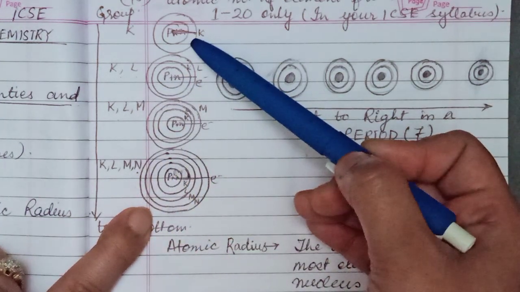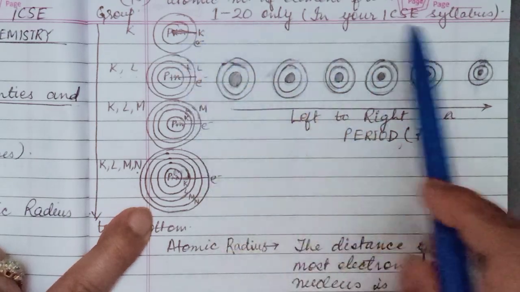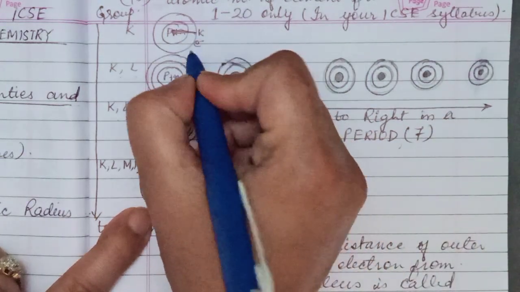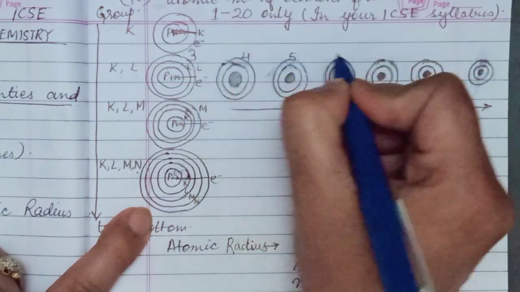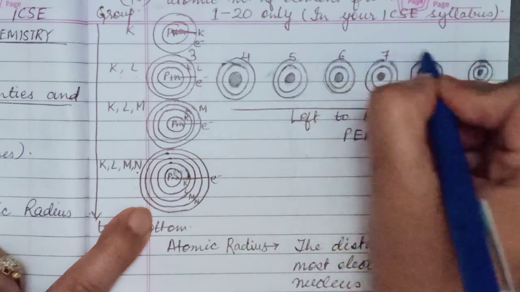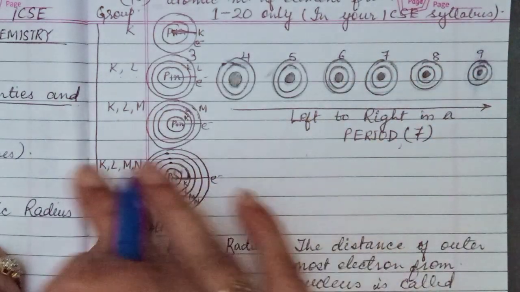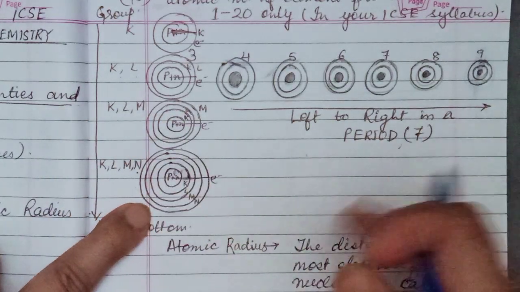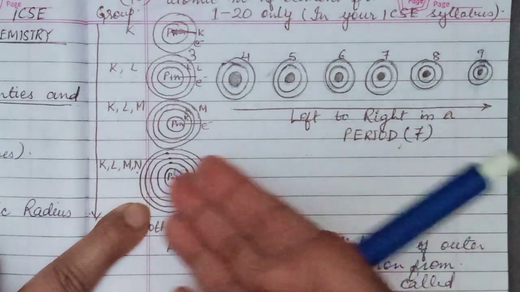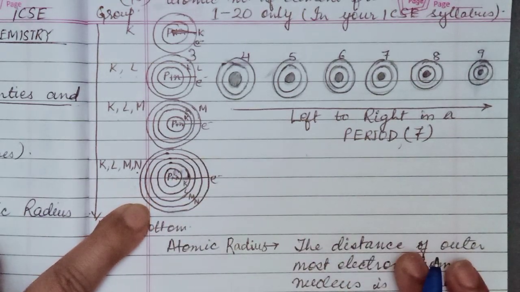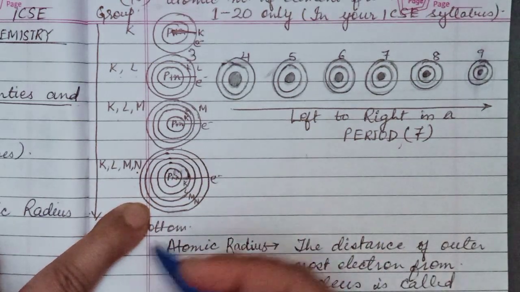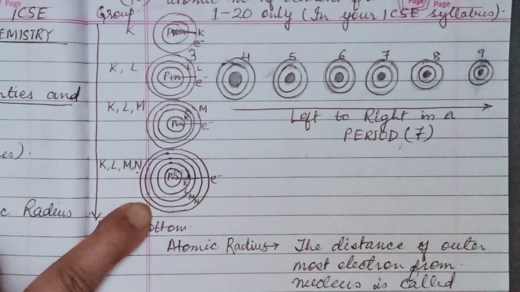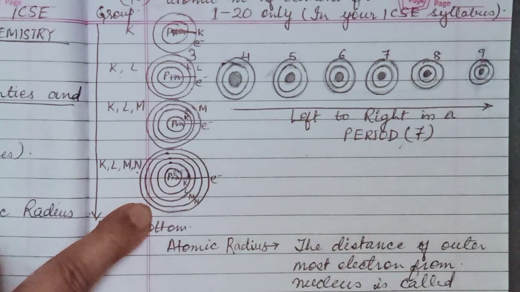So when we are here, atomic number will be 1, then atomic number 2, 3, 4, 5, 6, 7, 8, 9, like this. When we are moving in the modern periodic table, the atomic number is increasing. So that's why the arrangement of electrons will be more as we move down, and that's why the number of shells is increased.